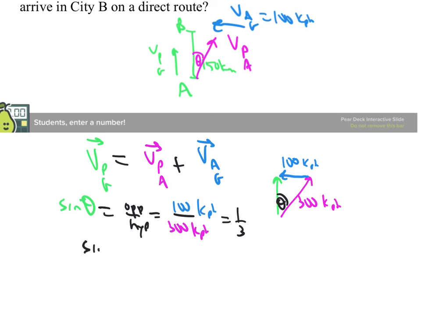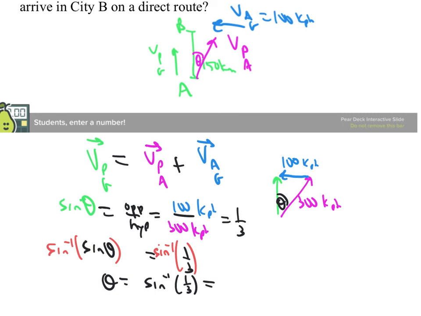If the sine of theta is 1/3, and I apply the inverse sine here to liberate the theta, then I have to apply it here, and I end up with that theta is the inverse sine of 1/3. In a calculator, I find is 19. It's actually 19.47, which is disturbingly far from 19, but to two places it's what we got, and we really don't have a lot of accuracy here, so we probably should say 20, maybe even something like that.